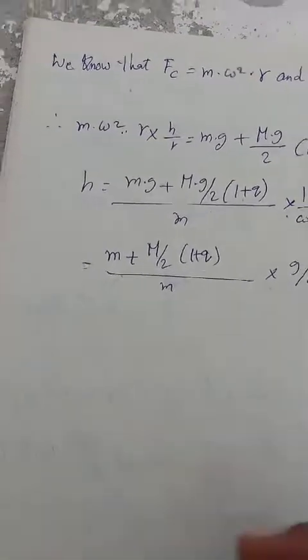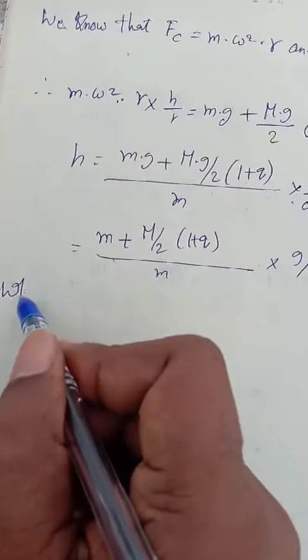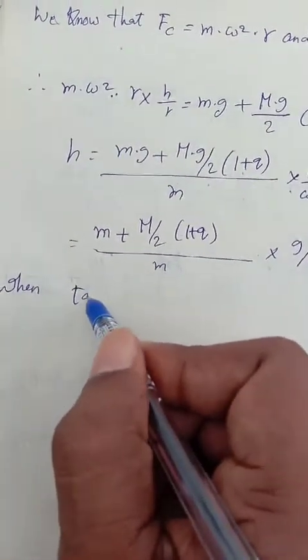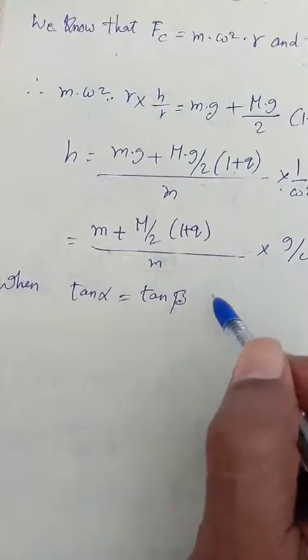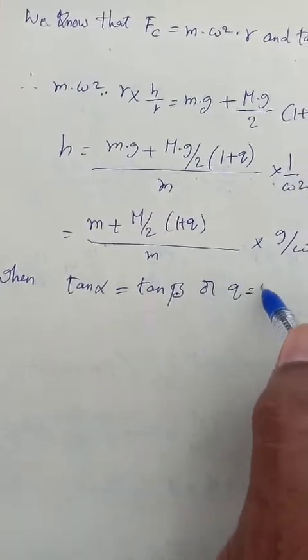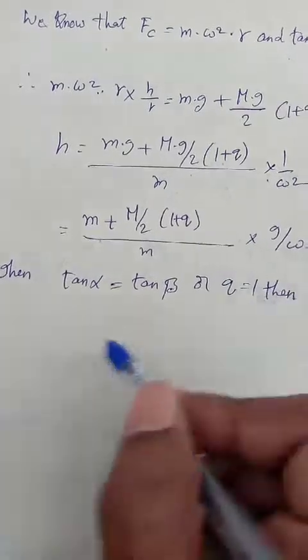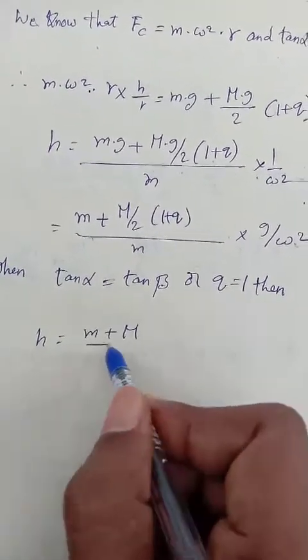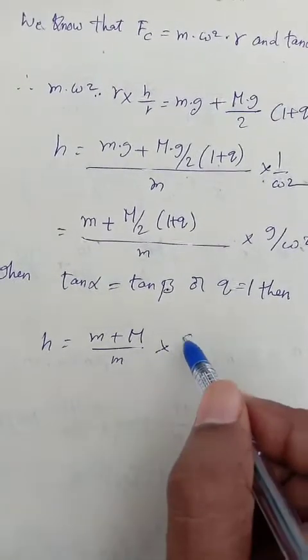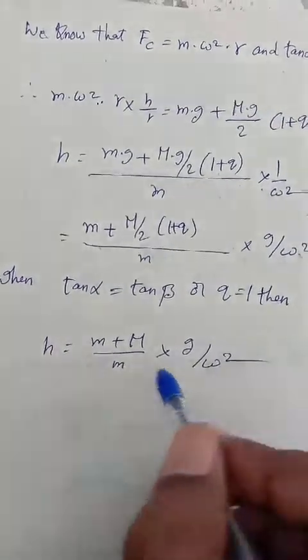Same as before, when tan alpha is equal to tan beta, so q is equal to 1, then h is equal to m plus M by m into g by omega square.